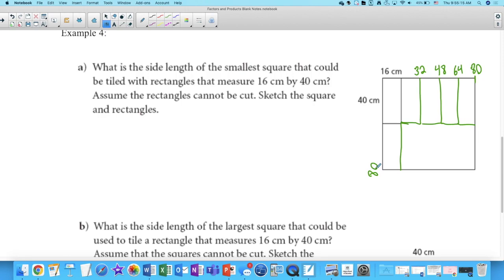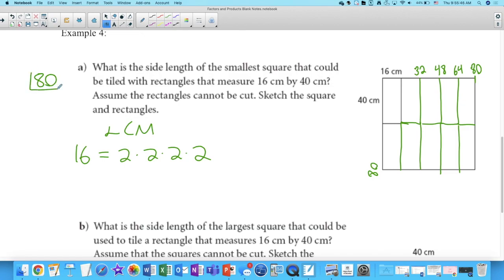Okay? Now, if you recognize that this is a least common multiple problem, of course, you can look at the prime factorizations. Okay, so 16, it's actually 2 to the 4, right? It's a power of 2. So I'm just going to skip over that in terms of the prime factorization. We know that's 16. 80, and by the way, if you know the prime factorizations, and you can do it in your head, you don't have to show me that process, it's 8 times 5, and 8 is 2 cubed.